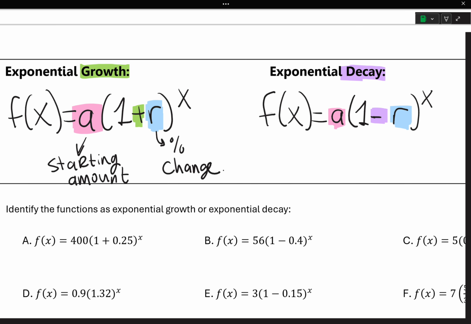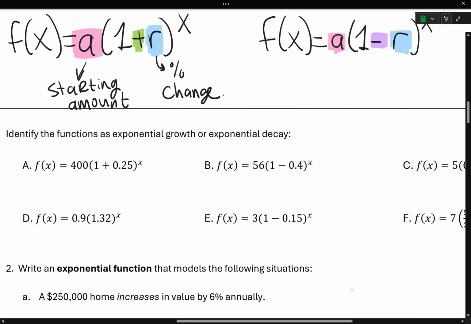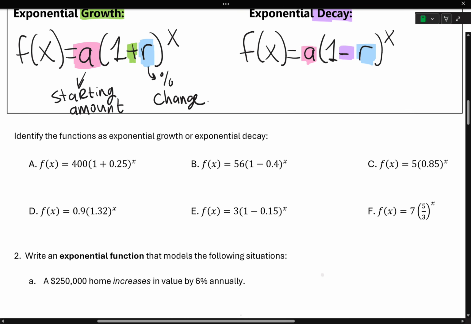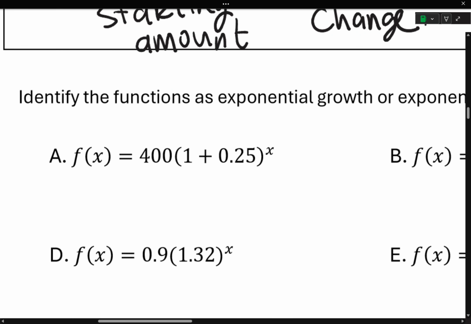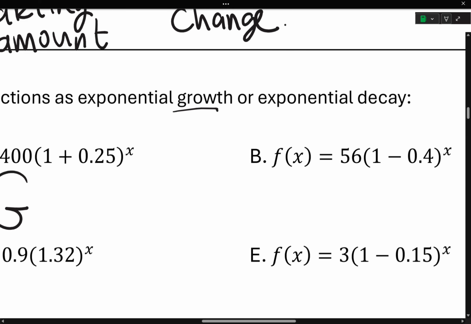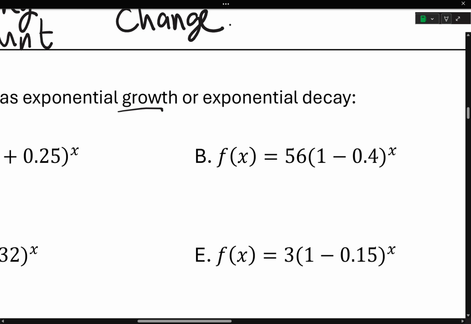What we're going to do in number 1 is identify whether these functions are growth or decay. We're doing this based on their parentheses. Letter A has 1 plus inside the parenthesis. It's growth. Letter B has a minus. It's decay.